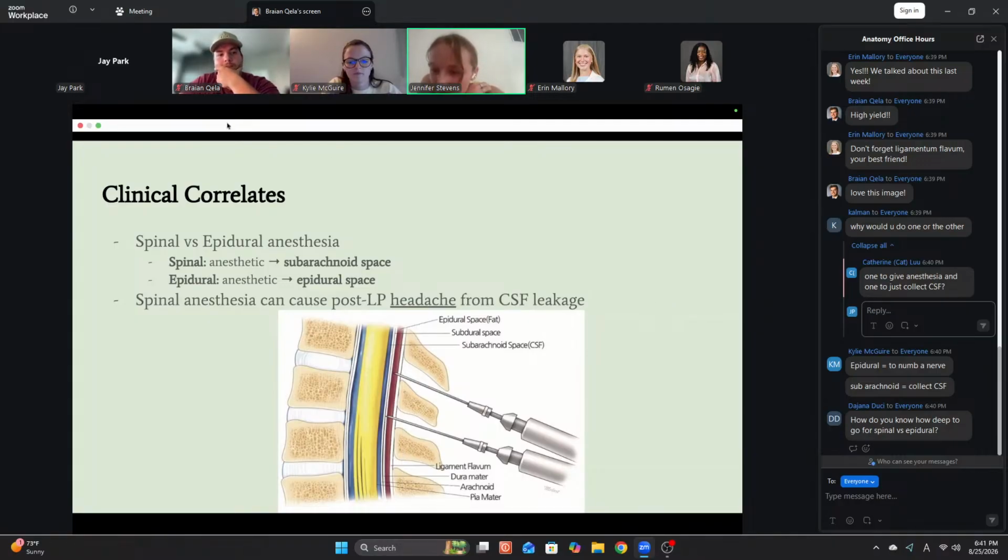This is actually kind of fun. A lot of times, they emphasize that you can hear it pop. I feel like that is the big sign a lot of doctors use to tell when they've gotten into the epidural space: they can hear the ligamentum flavum pop. That is a big word they use in a lot of stems.